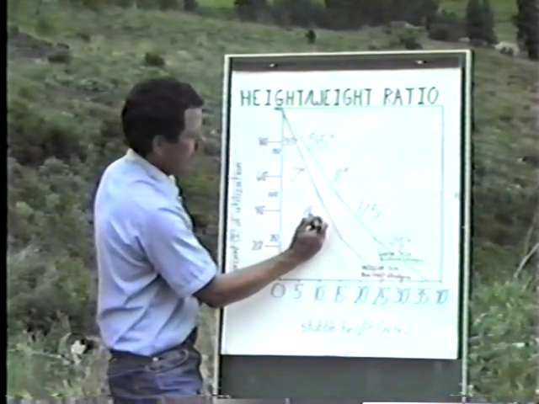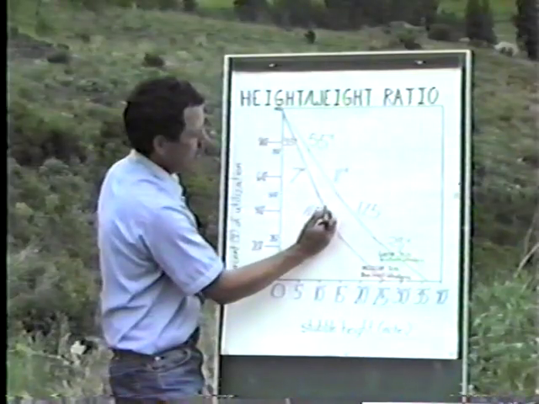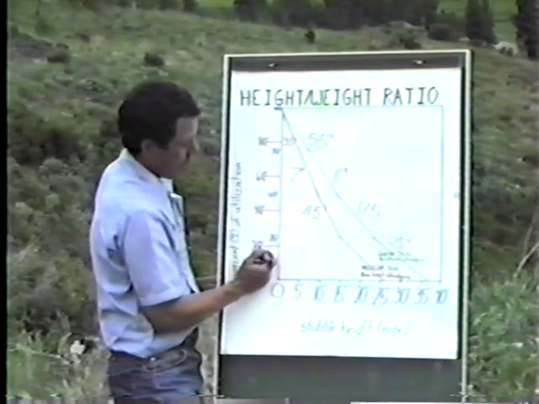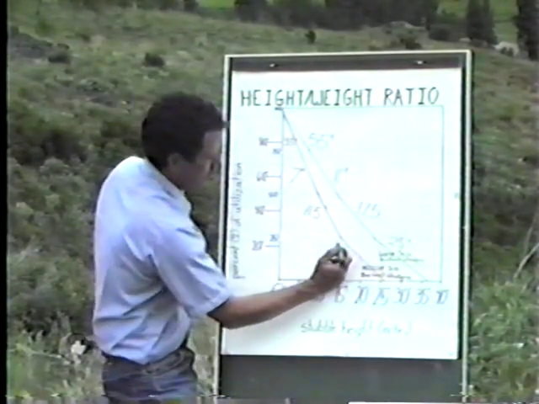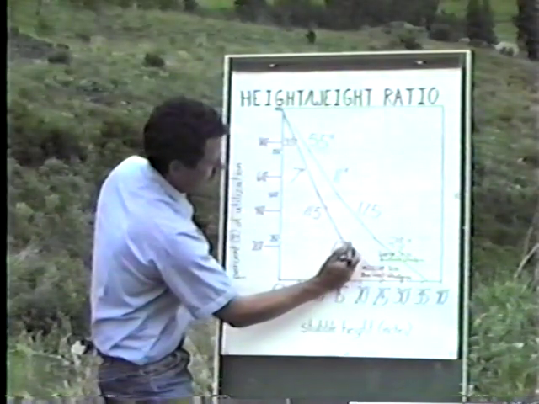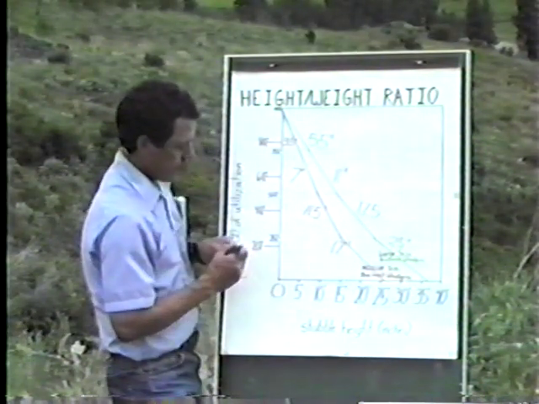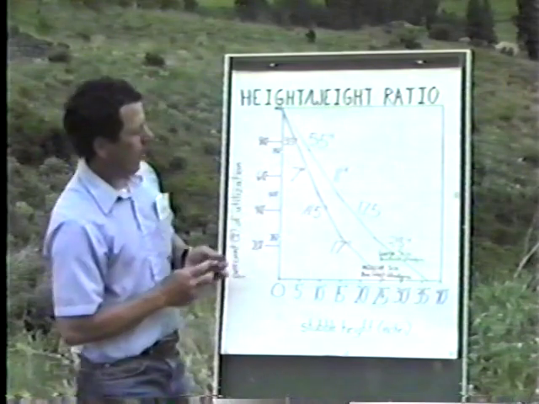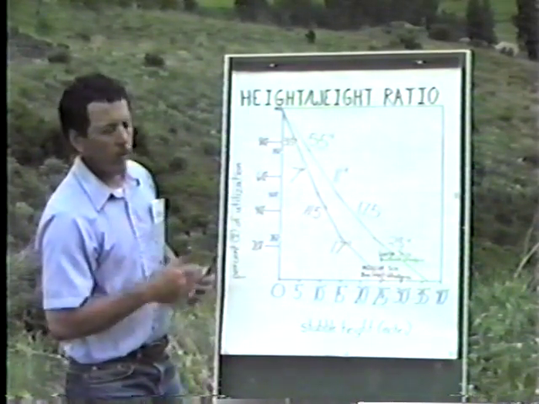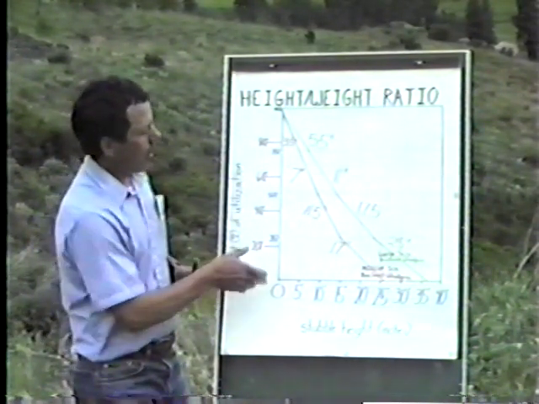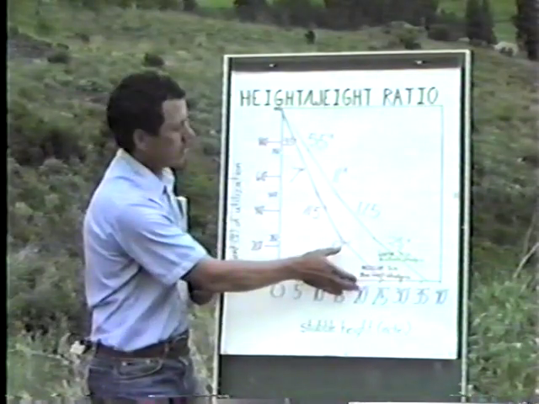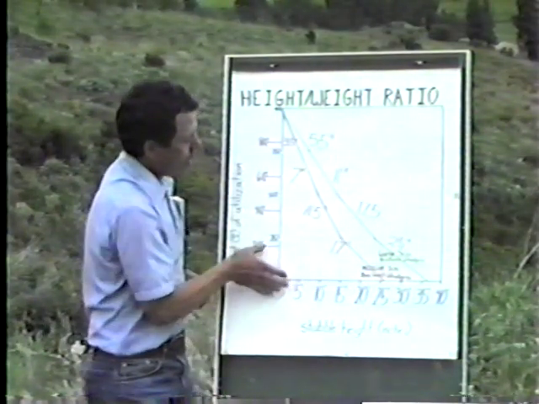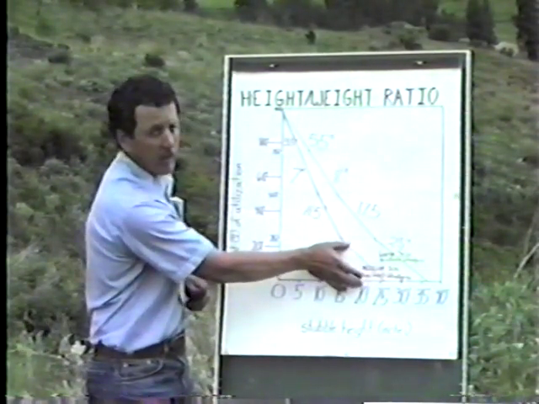40%, 11.5 inches. And 20%, 17 inches. So the object of graphing out these points is to determine where these break points are on our different classes.